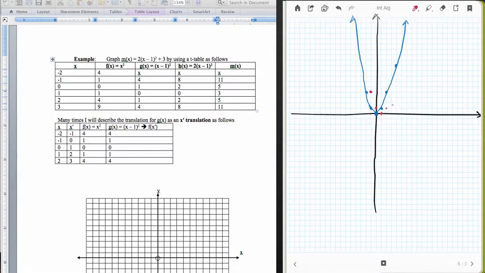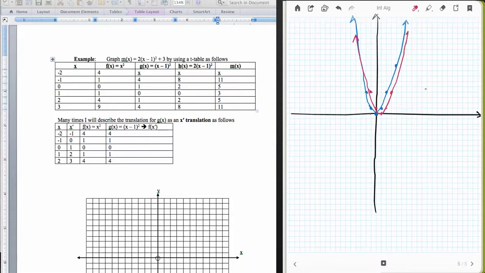And then when x is equal to 2, it's back to our 1, and then when x is equal to 3, it's going to be back up to 4. And now you can see why I extended that off on the 3 side, on the positive side.